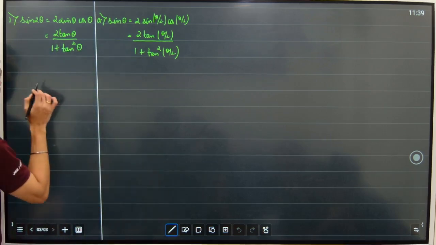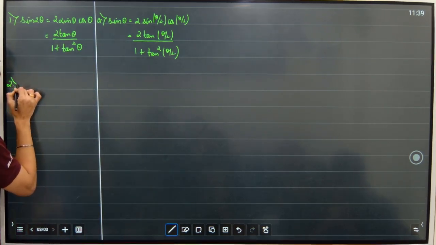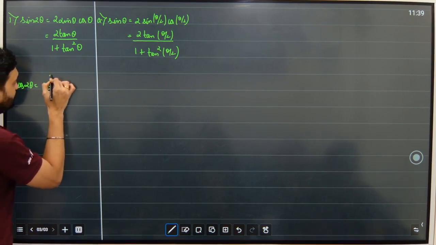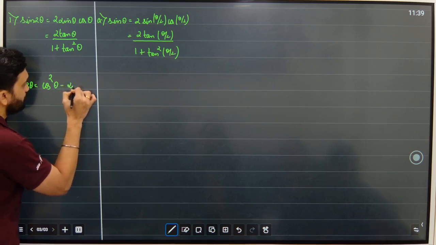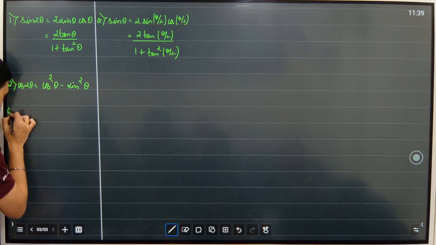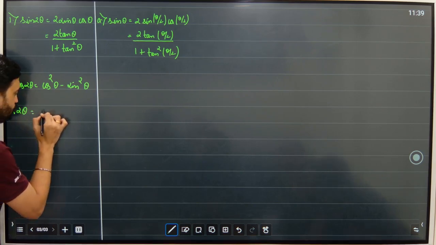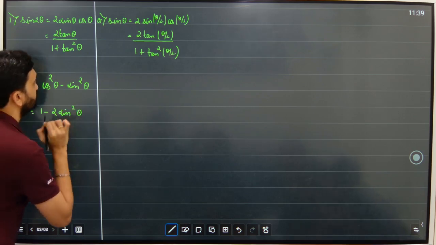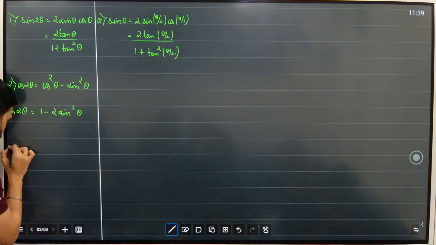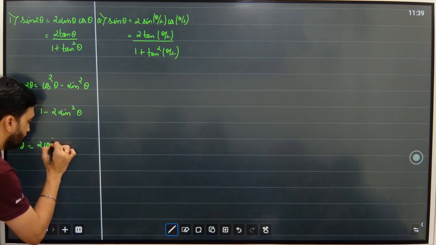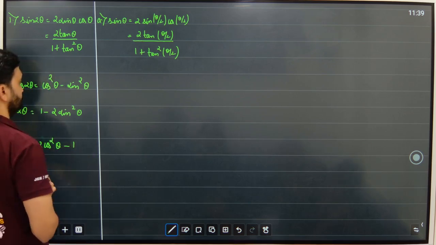Okay? Now, second set of formulas, we'll start with cos 2 theta is equal to cos square theta minus sin square theta. Okay. Next formula, cos 2 theta is equal to 1 minus 2 sin square theta. Third formula, cos 2 theta is equal to 2 cos square theta minus 1.